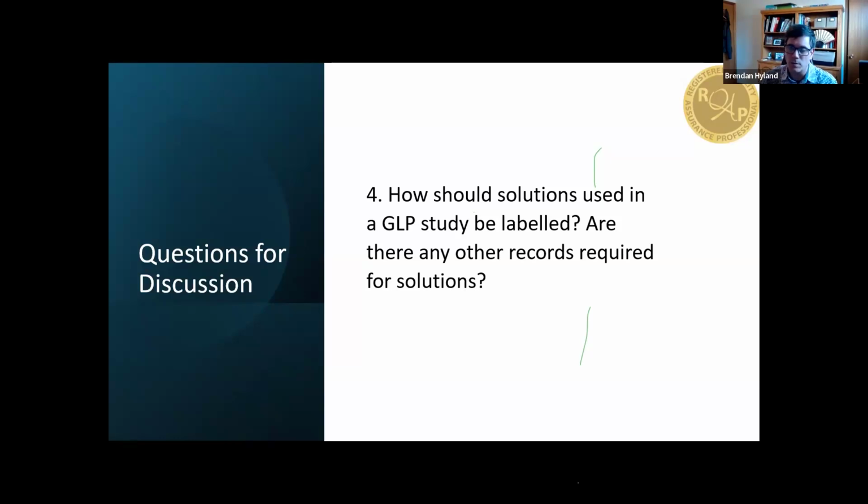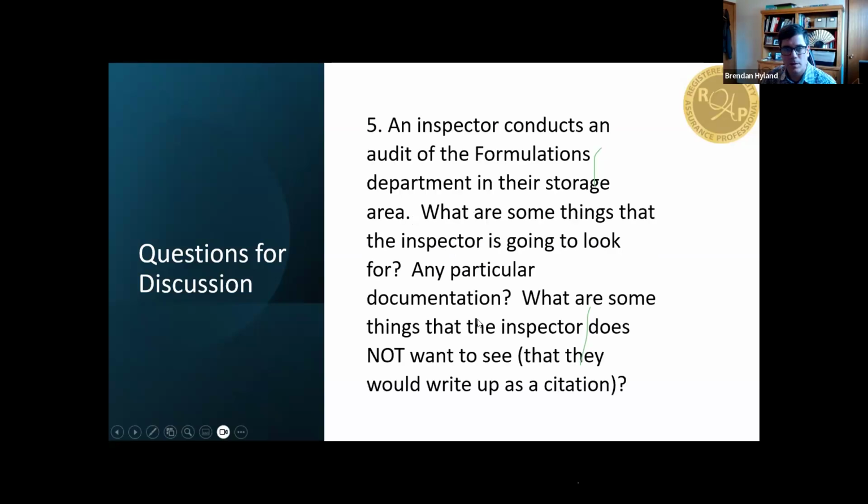And that, of course, wouldn't appear on the label, but you do need to have that kind of supporting information in the records. And I agree. Safety information like MSDS is necessary, but it is not mentioned, at least with regards to solutions in the GLPs. And quite often, a solution that you're making, the ingredients might have an MSDS, but the solution may not. So, yeah. All right.